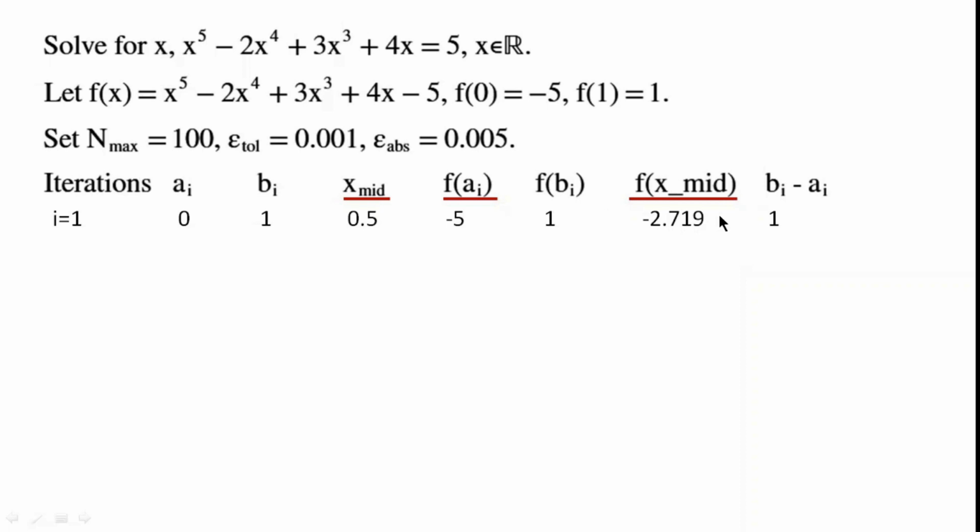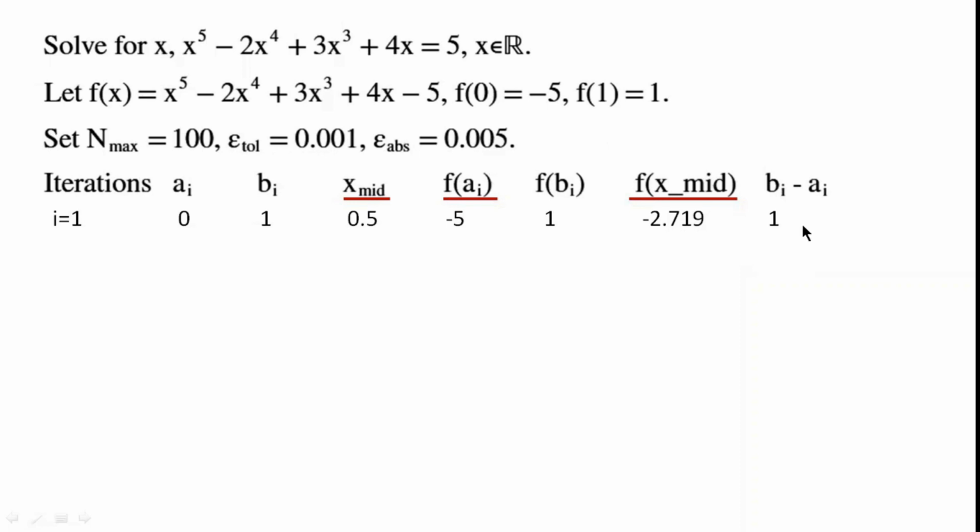The modulus of f of x mid is much greater than epsilon tau. The modulus of bi minus ai is much greater than epsilon abs.